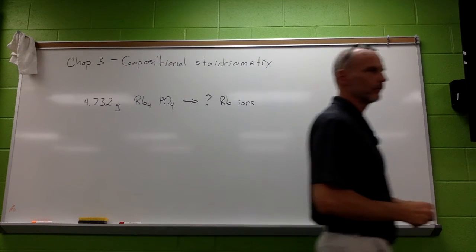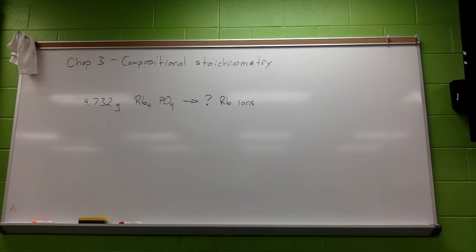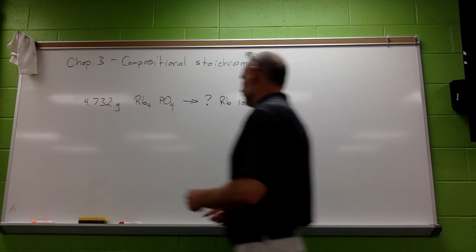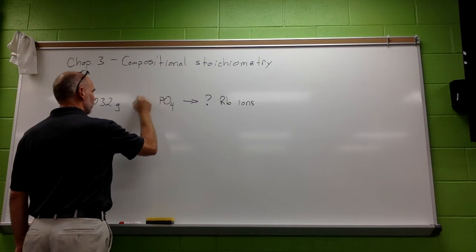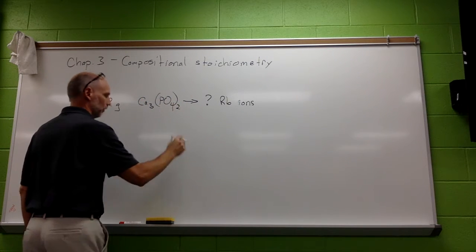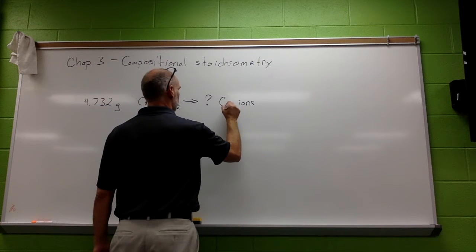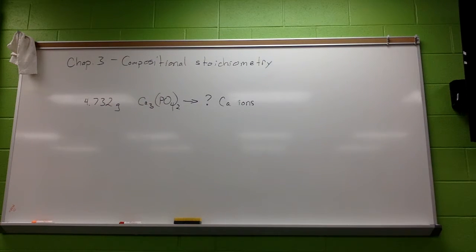All right. I'm working on it. You know what? We're not going to do rubidium. Okay, so here we go. So we have this amount of calcium phosphate, 4.732 grams of calcium phosphate. I want to know how many calcium ions. The number of calcium ions.